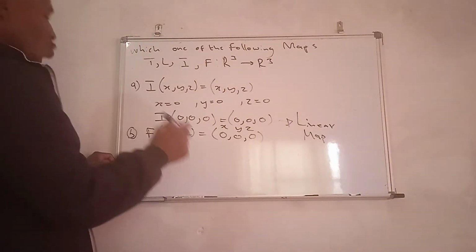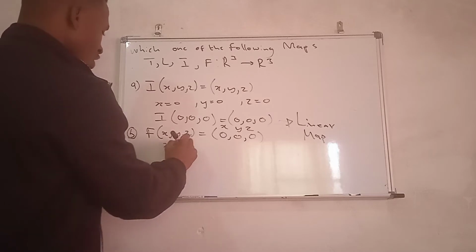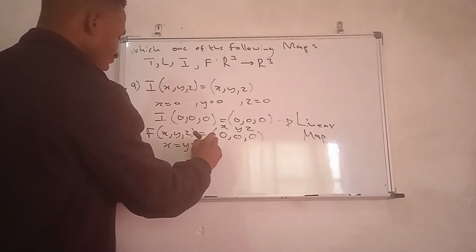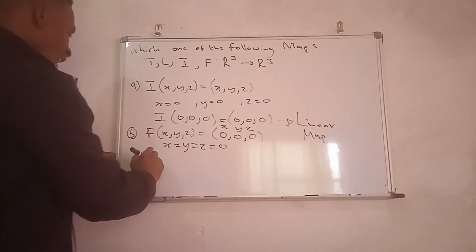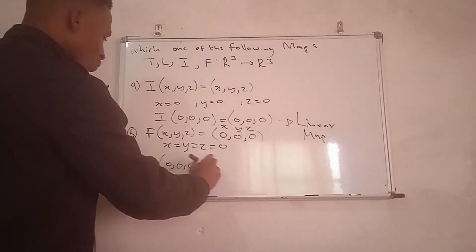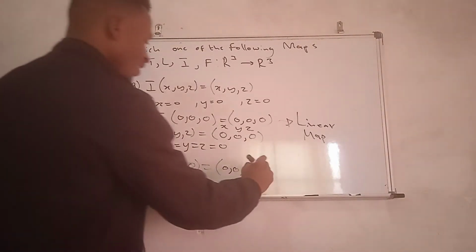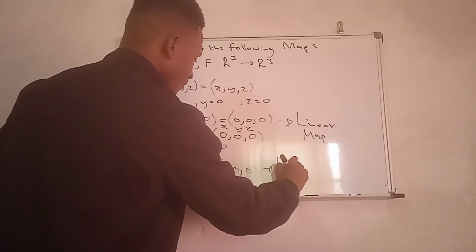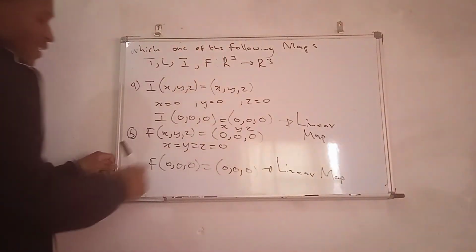So according to that condition, x equals y equals z, which is 0. So if that's the case, f will be (0, 0, 0), which equals (0, 0, 0). And this is a linear map.